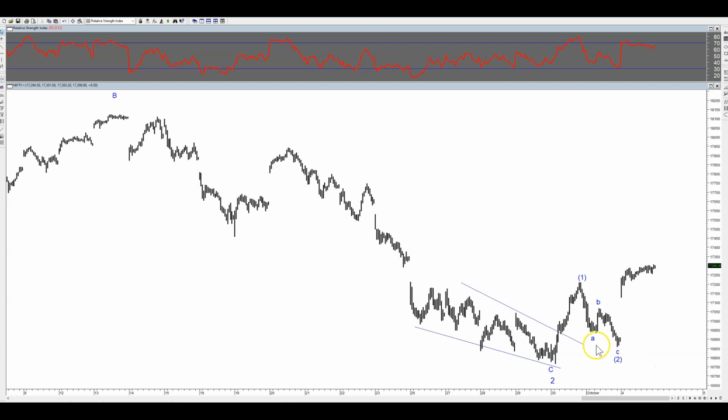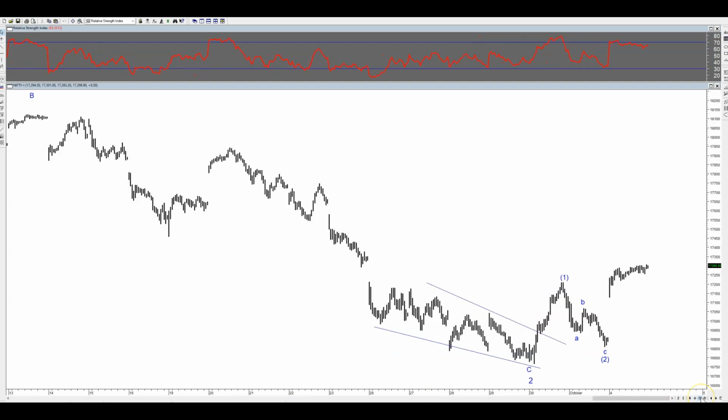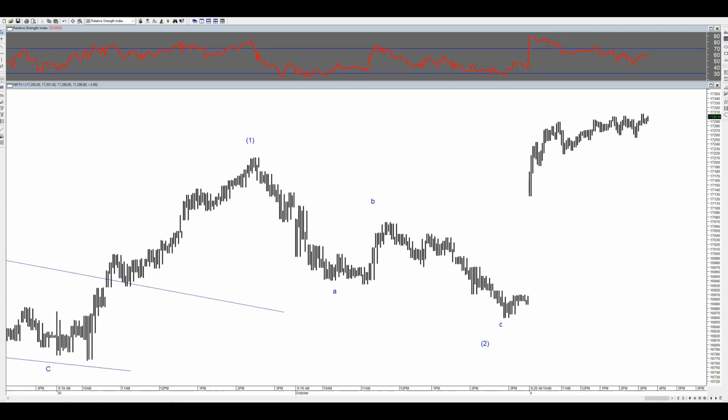This fall, as you can clearly see, is 3 waves. And also in this fall, the momentum in wave C was less than the momentum in wave A. So this probably told us that this decline was getting kind of exhausted. Let us look at it on the 5-minute chart. Can we see anything on the 5-minute chart?